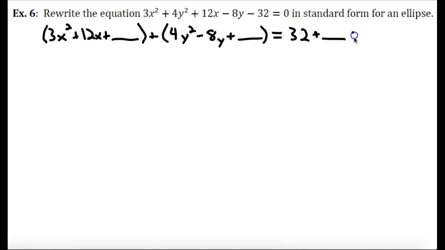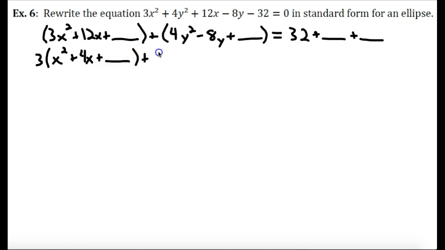I know I'm going to have to add two things to this side because I'm adding two things to the other side. Now, if you remember, when we complete the square, we need the leading coefficient of our squared term to be 1. So what I can do on both of these is factor out the leading coefficient. Here, if I factor a 3 out, I'd be left with x squared plus 4x inside my parentheses.